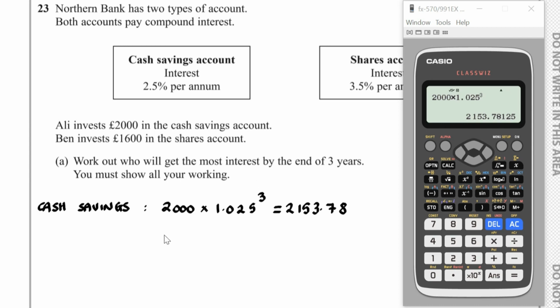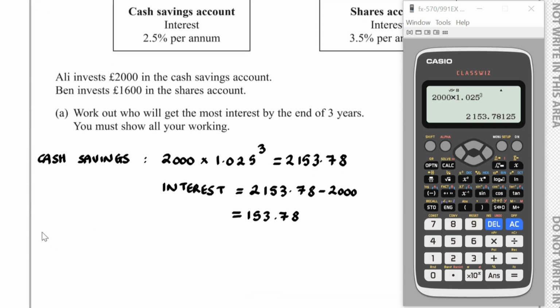So therefore the interest is equal to £2,153.78 subtract 2,000, and if I work this out, I get 153.78.